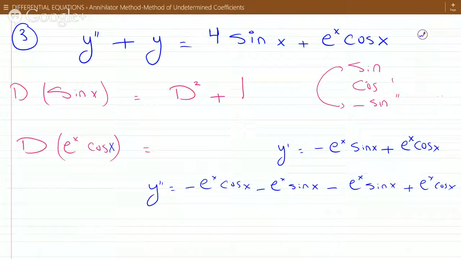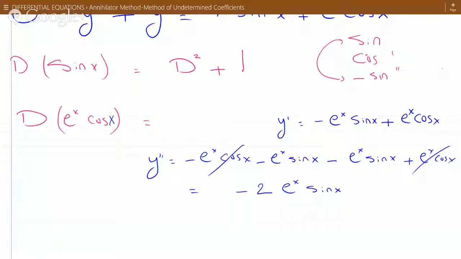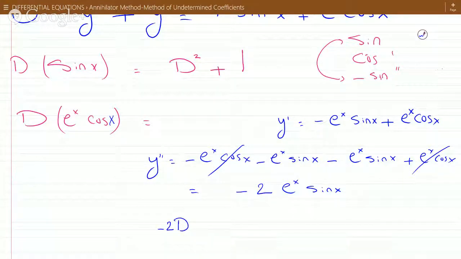So are there any like terms here? Yeah, these two go away, and you get minus 2 e to the x sine x. Okay, so this looks promising, because what this means is that if you multiply the first derivative by negative 2, that would get you plus 2 e to the x sine x, and you add it to the second derivative, minus 2 e to the x sine x plus 2 e to the x sine x, that takes care of these two.